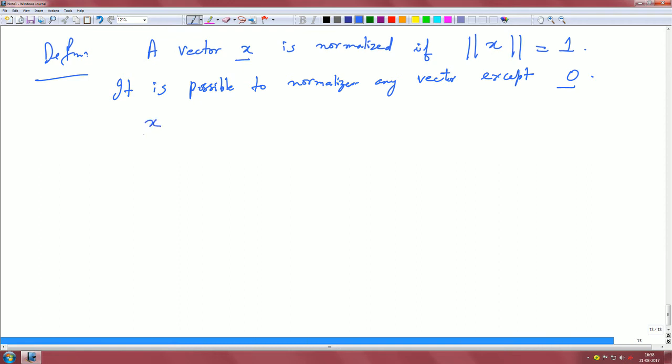And x over norm of x is basically the unit vector, because you take the norm of x over norm x, and the length is 1 trivially, because norm x is a scalar, you pull it out, then norm x over norm x cancels out, right.